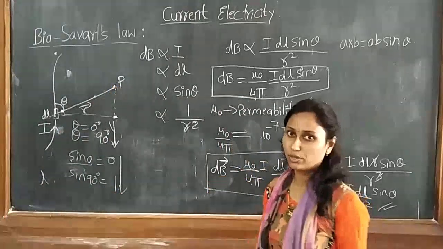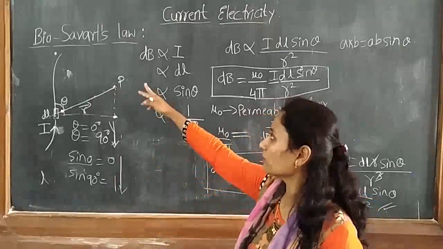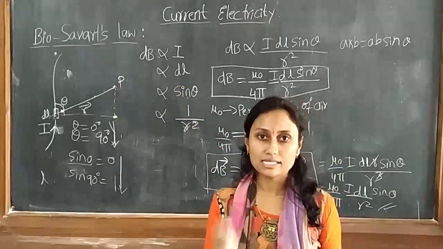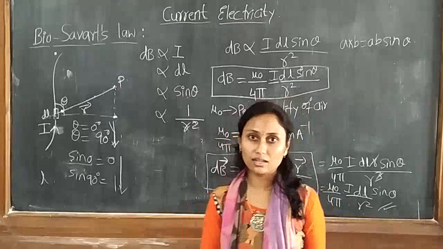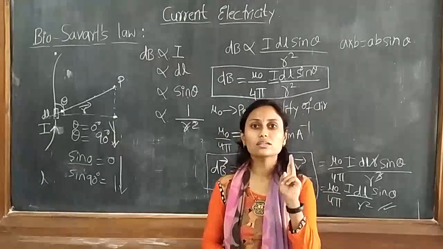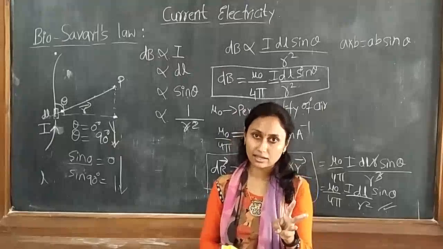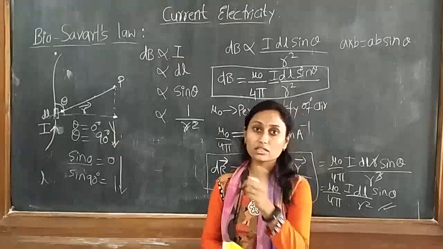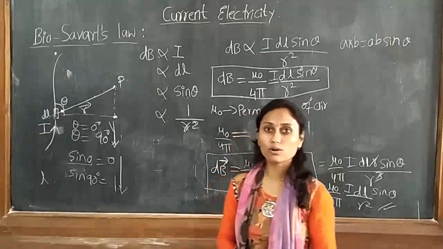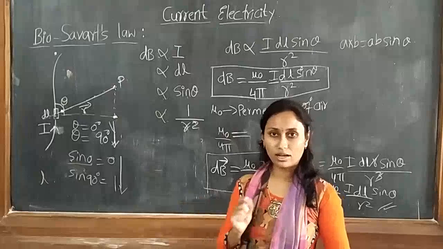So now from this we got the magnetic field at a certain point from the Biot-Savart law. Biot-Savart law says that the magnetic field at any point depends upon four quantities. One is the strength of the current, second is the length of the current element, third is the sine of the angle between the current element and the line joining the current element to the point P, and fourth is inversely proportional to the square of the distance between the point and the current element.